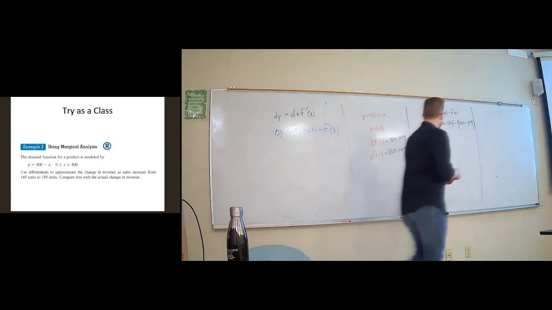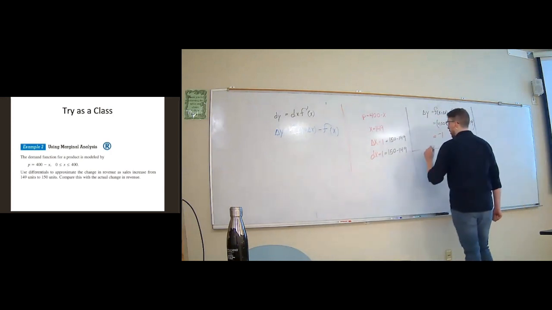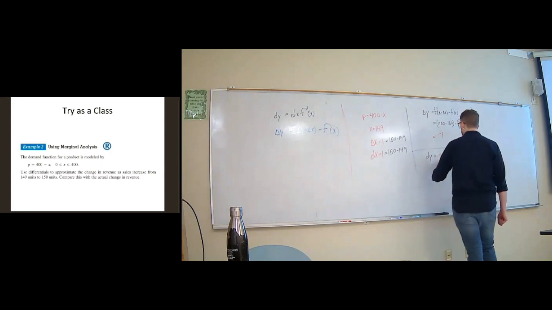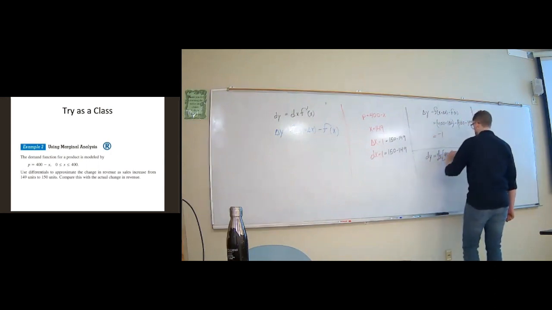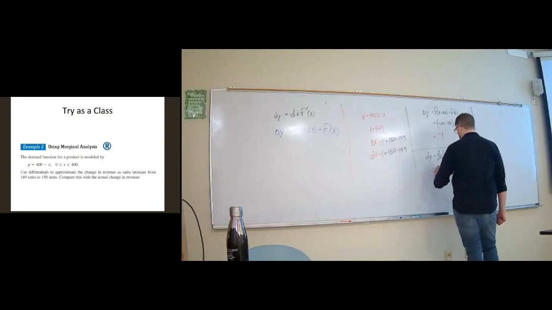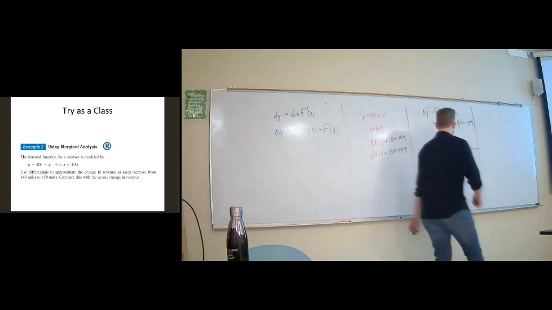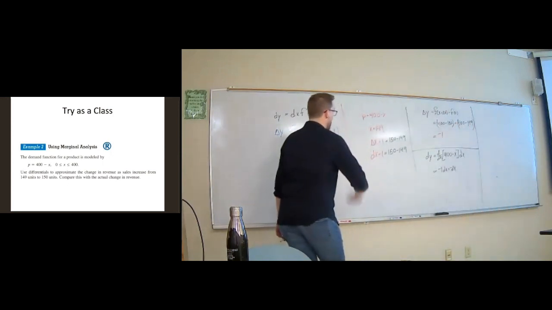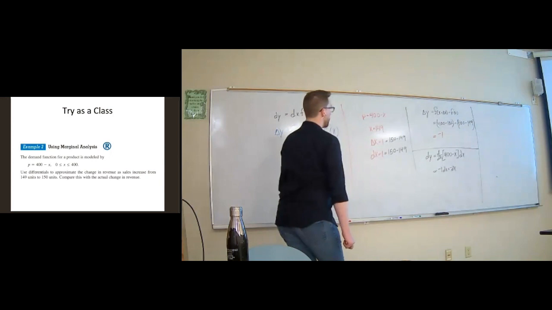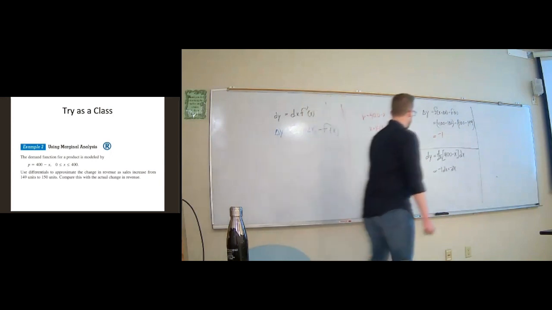Now comparing this to dy, dy is going to be equal to -1 times dx, right? So it's the derivative of 400 minus x times delta x. This is equal to just -1 times dx, or negative dx, which is equal to -1.